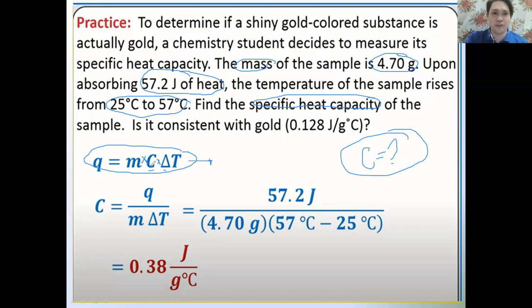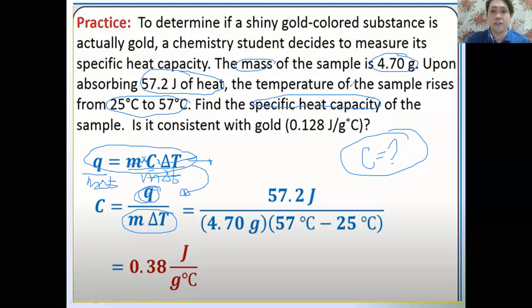Since we're looking for your C, what we will do here is divide both sides by M and change of T. So we can cancel M and change of T. Then that gives us this equation: C is equal to Q over M times change of T. After deriving the equation based on the given formula, we can now substitute the given.